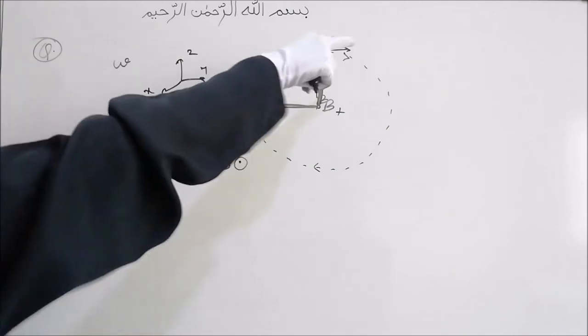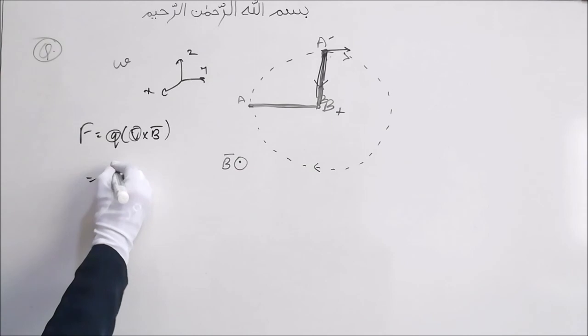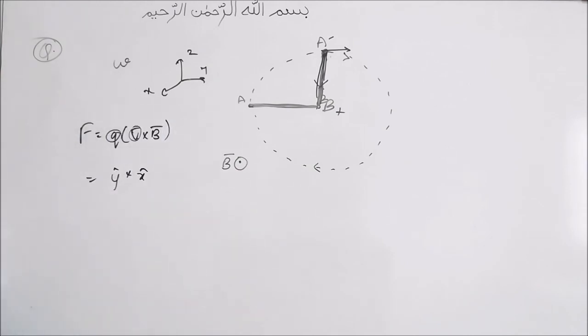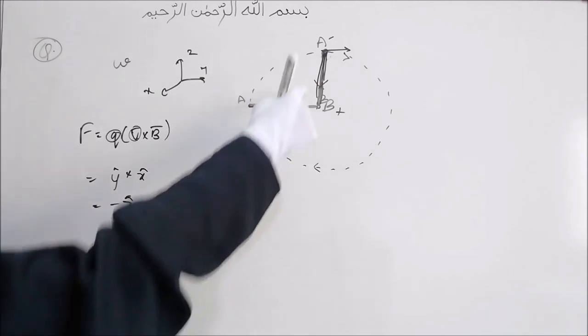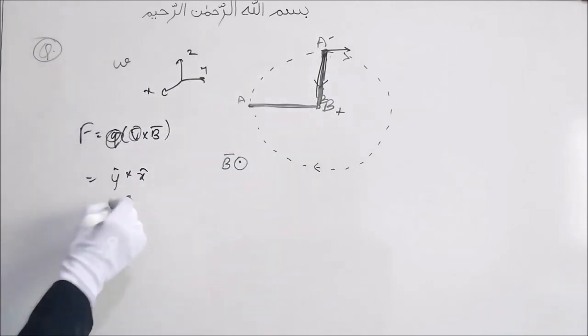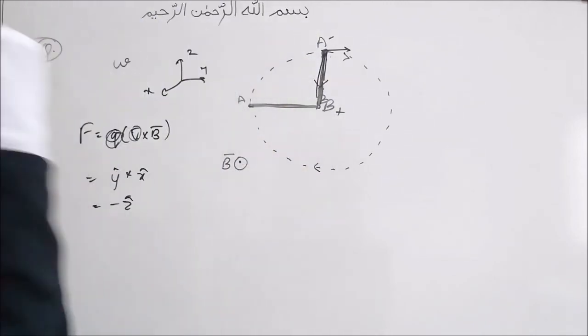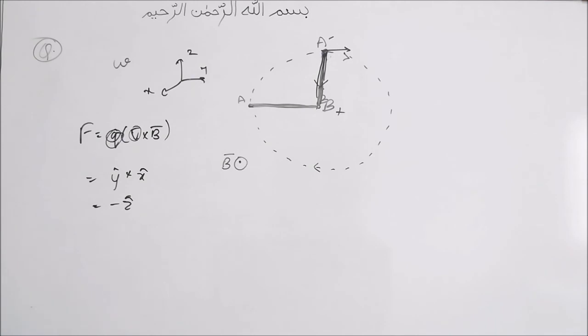Therefore, velocity is along that direction, that is Y hat, cross magnetic field coming out, that is X hat. What is Y cross X? Minus Z hat. Therefore, the force is acting downwards since we took Q as positive. So here we'll have positive charges and we'll have negative charges. Therefore, B will be more positive with respect to A.